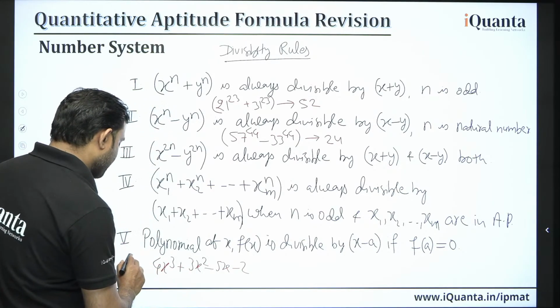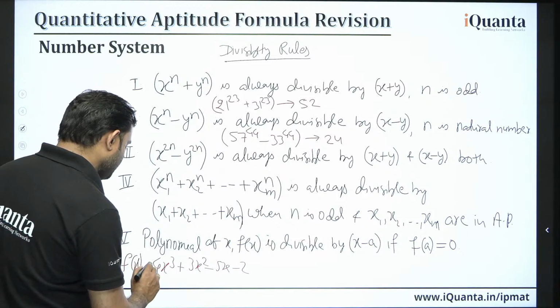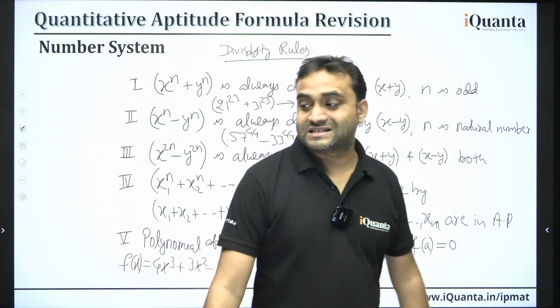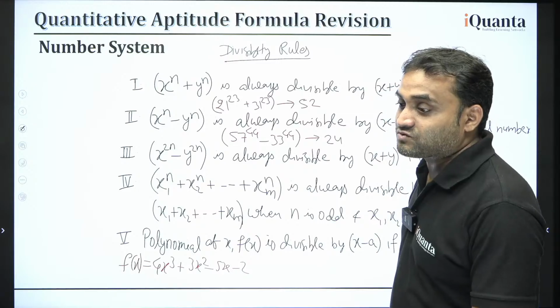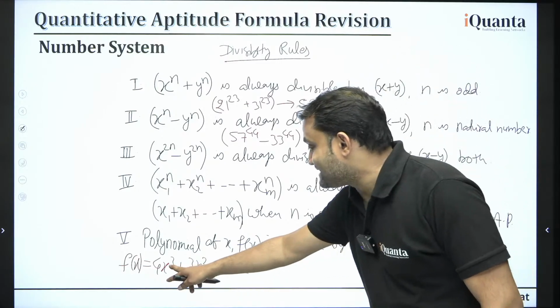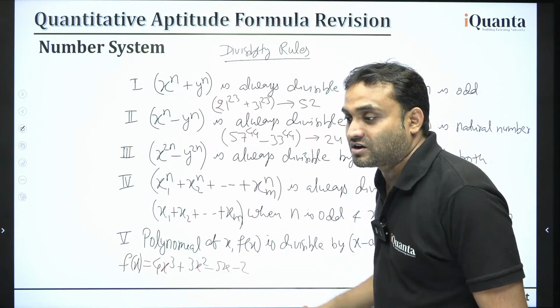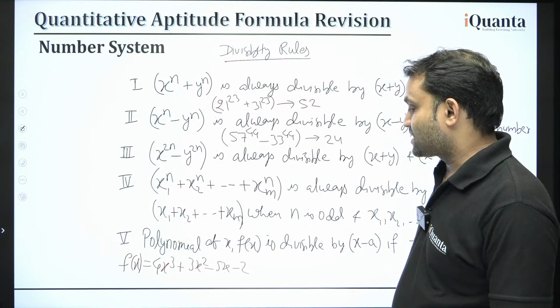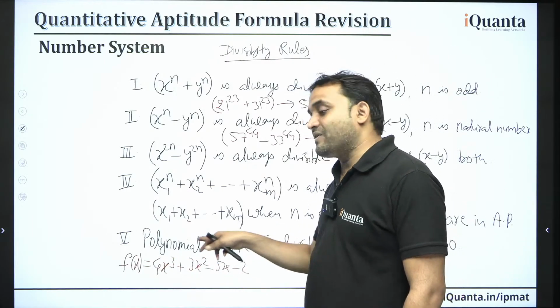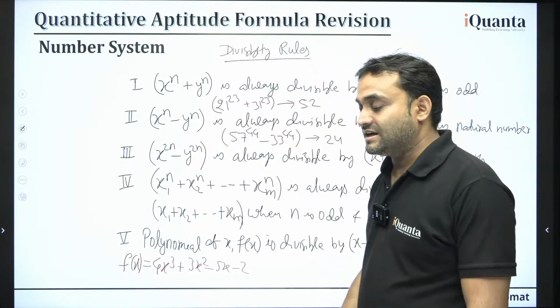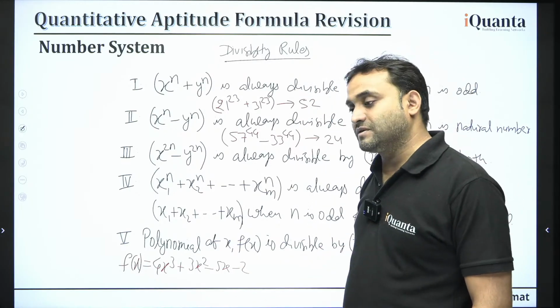Now this is our fx. Is this divisible by x minus 1 or not? Can you tell me this? If we divide fx by x minus 1, will this be completely divisible?